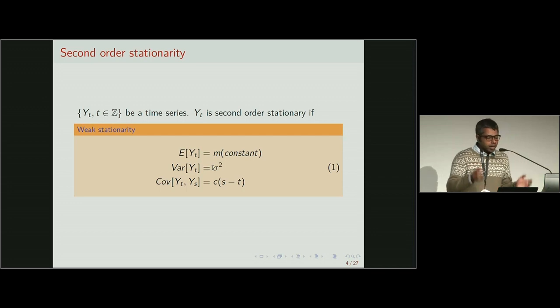Now, a time series Y_t observed at regular intervals of time, or you might even consider initially a discretely observed time series, is called second order stationary if it's constant with respect to time in its first 2 statistical moments. That is, the mean is constant, the variance is constant, and the covariance measured at 2 different points in time is simply a function of the difference of the 2 time points.